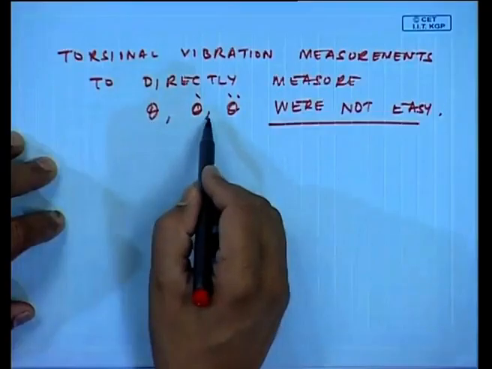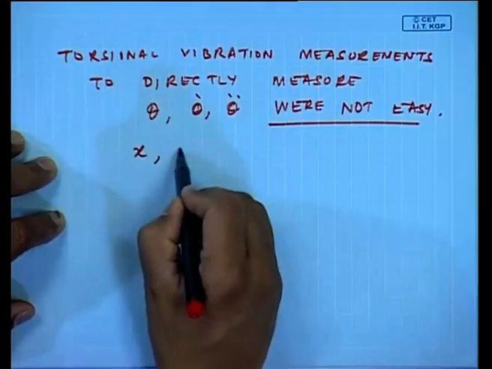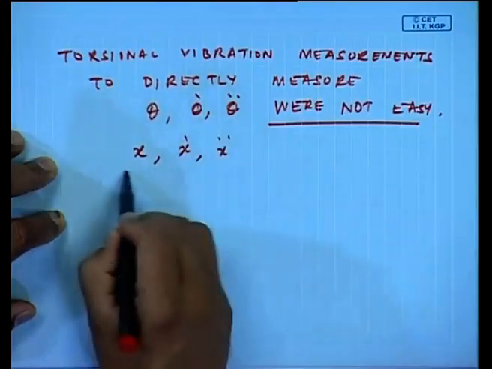Instead, what we did is we put linear sensors or accelerometers to measure the vibration only at the stationary bearing locations. So, in effect, to understand or measure theta, theta dot and theta double dot, we used to measure x, x dot and x double dot.